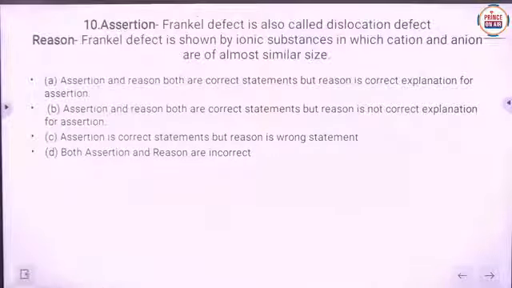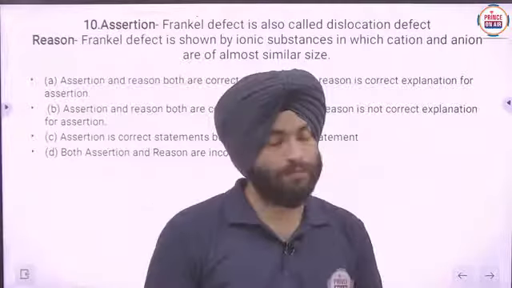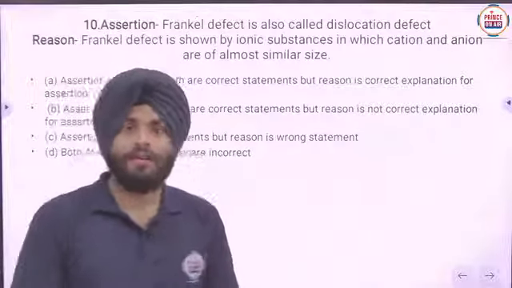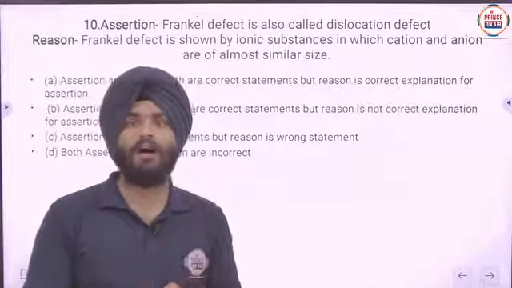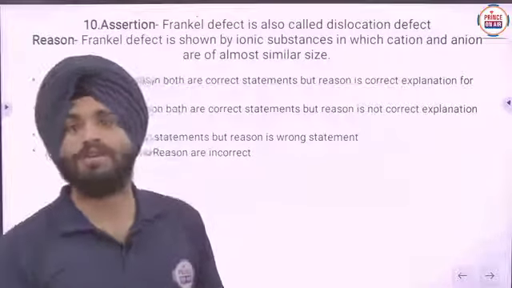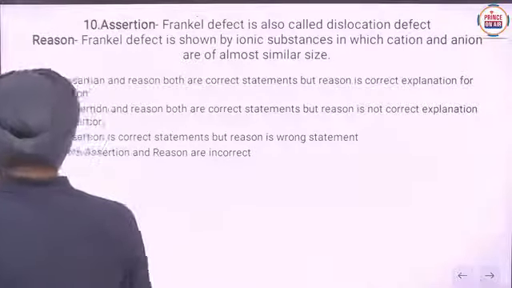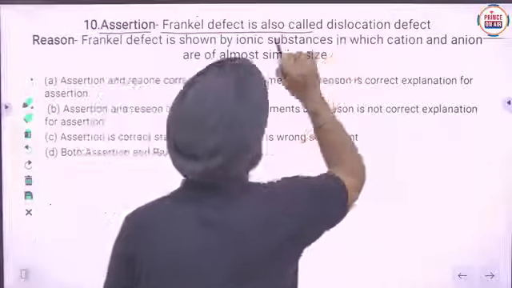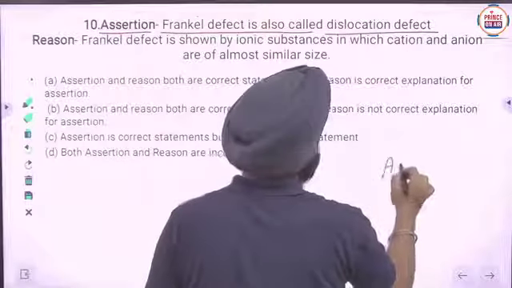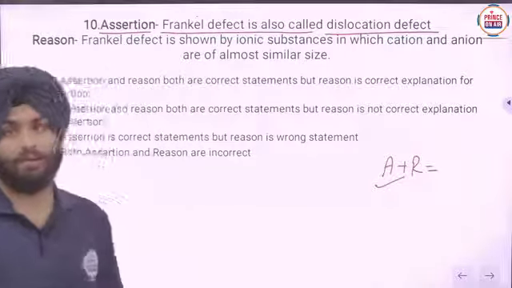Next, the assertion: Frenkel defect is also called dislocation defect. Reason: Frenkel defect is shown by ionic substances in which cation and anion are of almost similar size. So try to do that question yourself first. Now check it out. The assertion is correct because it is called a dislocation defect.